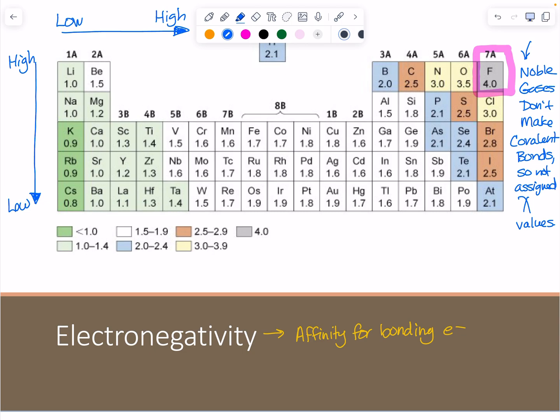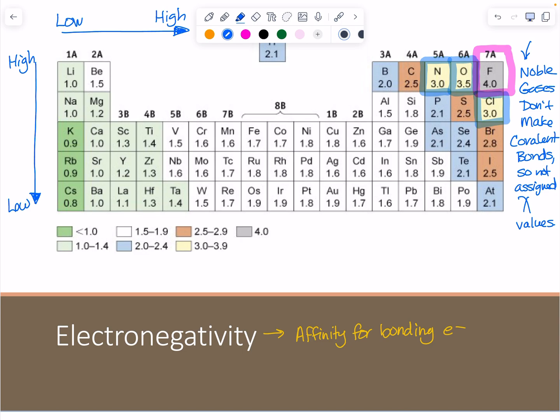So those are really fluorine, oxygen, nitrogen, and chlorine. These guys are the most electronegative elements. And so be suspicious when you see one of those involved in a bond with something that is not one of those elements. Again, you're going to be looking at something that is polarized.